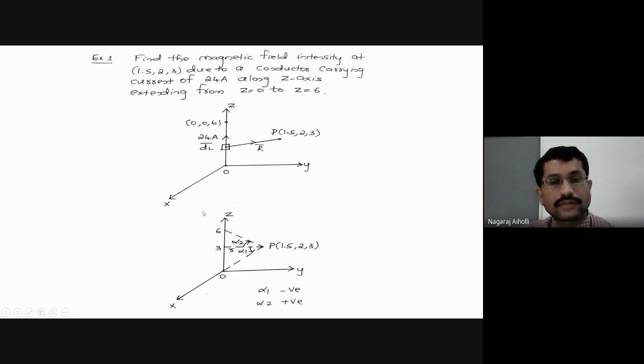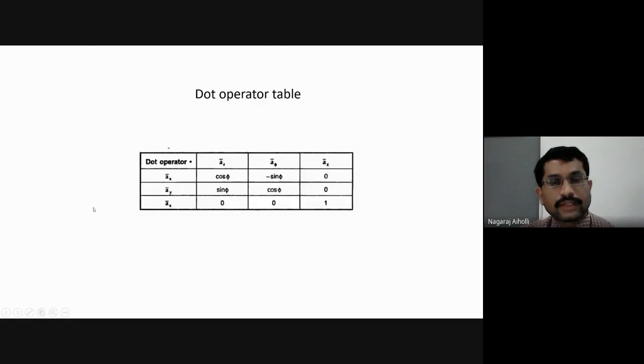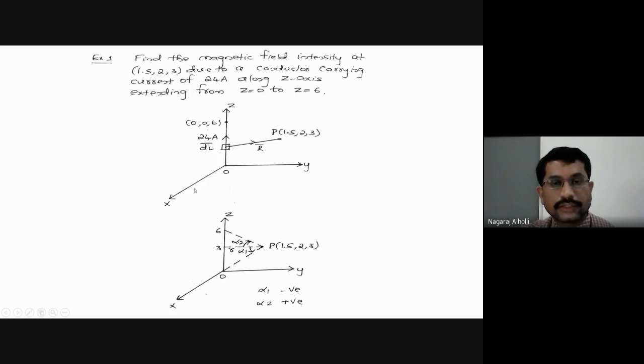Let's perform the calculation step by step. We'll be using the dot operator table, the conversion from Cartesian to cylindrical and from cylindrical to Cartesian, because the Z axis is the axis of the cylinder. We are calculating in the cylindrical coordinate system.